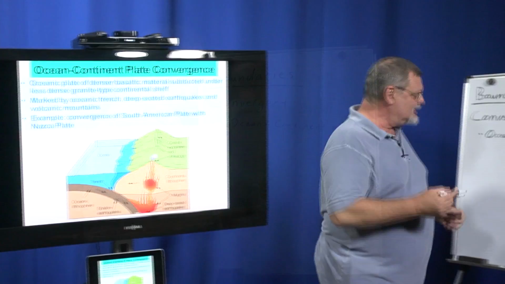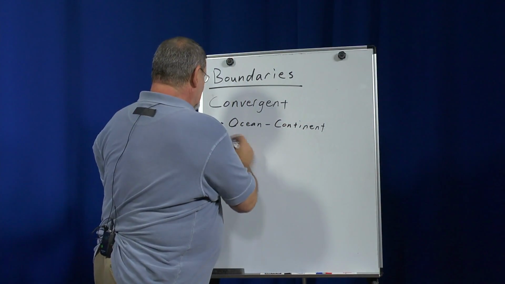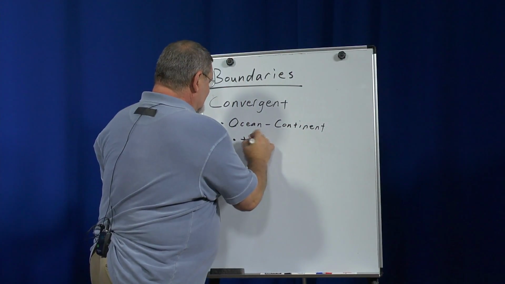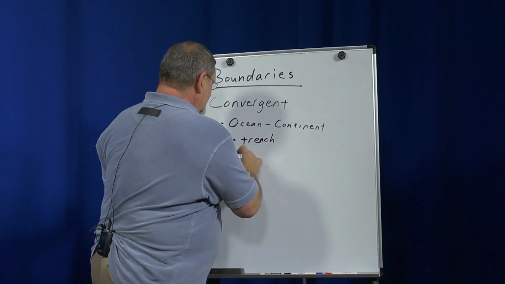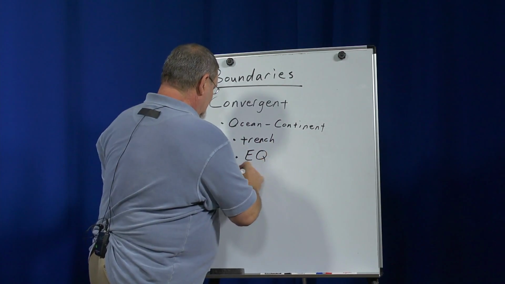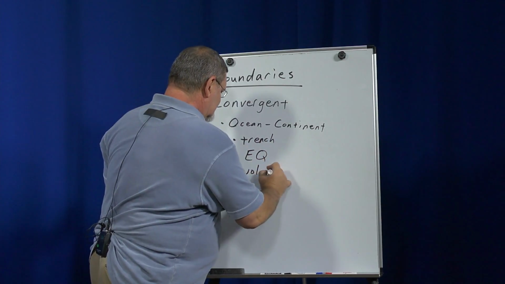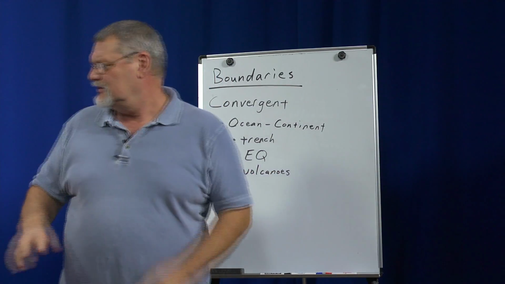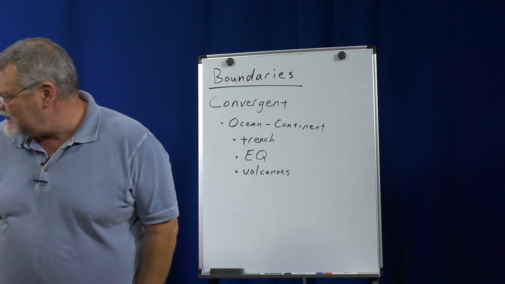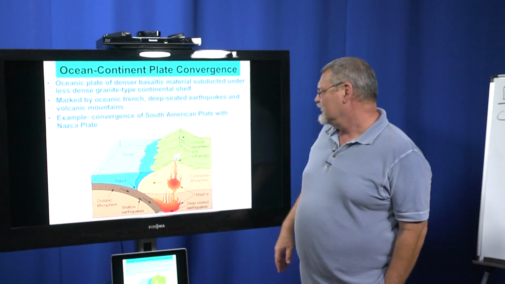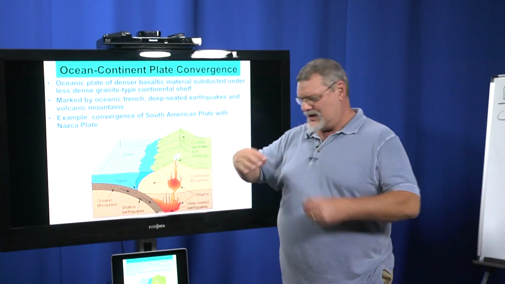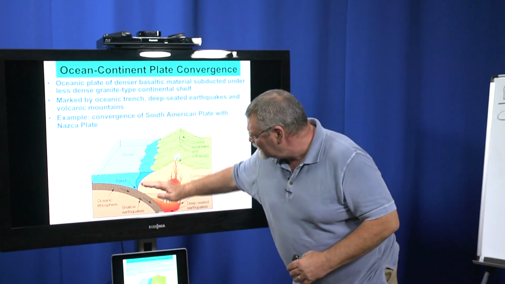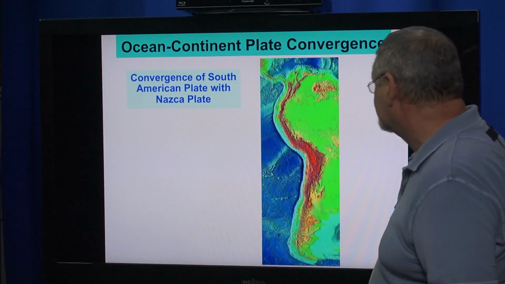It's very deep because it's pulling on it. So characteristic here is we have a trench, and we have earthquakes, and we're going to have volcanoes. Volcanoes come from the fact that this material is coming down, melting, coming back up again. The trench is because as these things interact, as this moves down here, it's pulling on this downward.